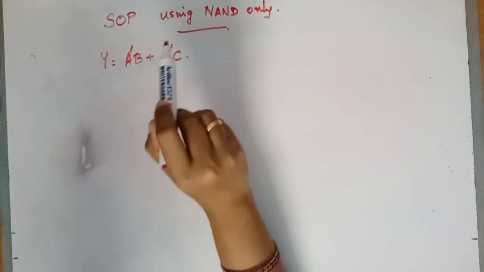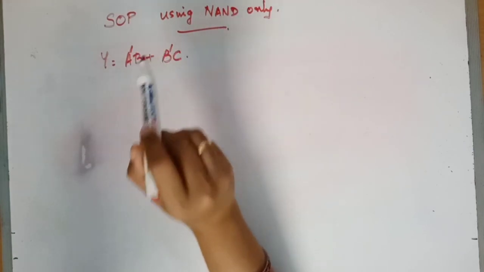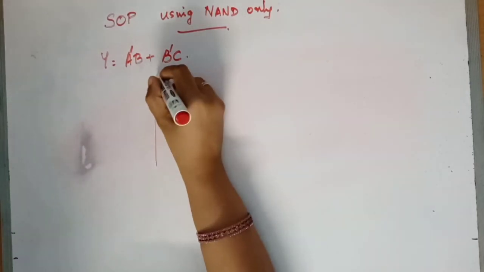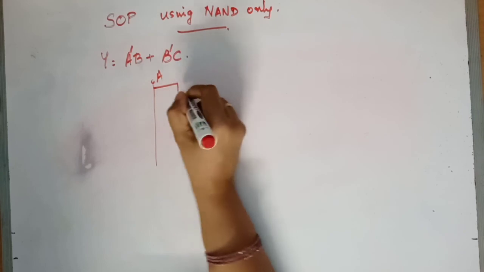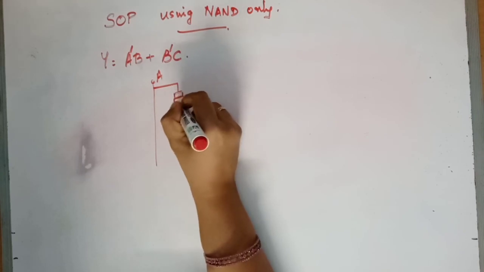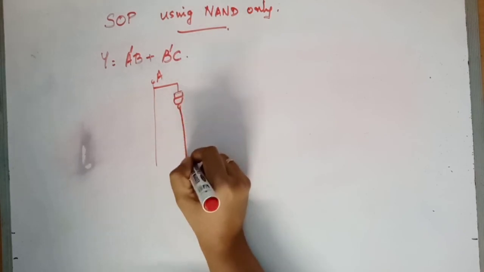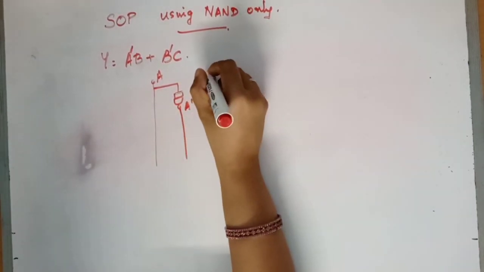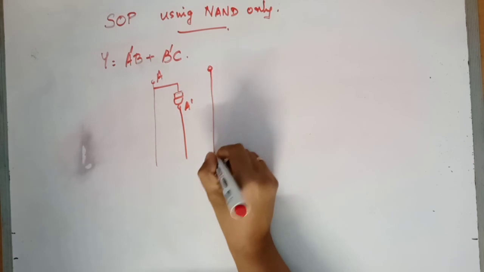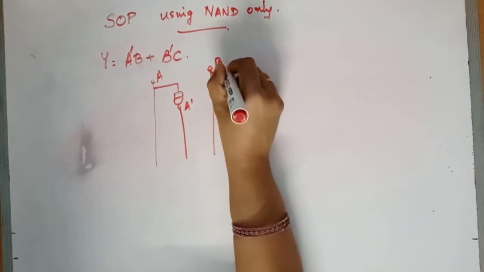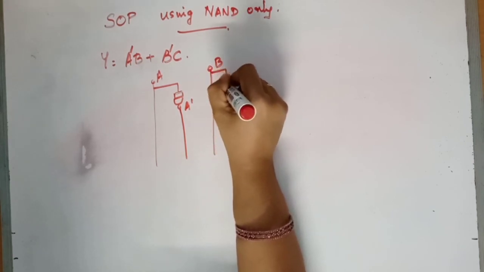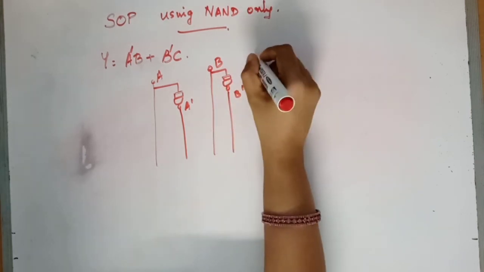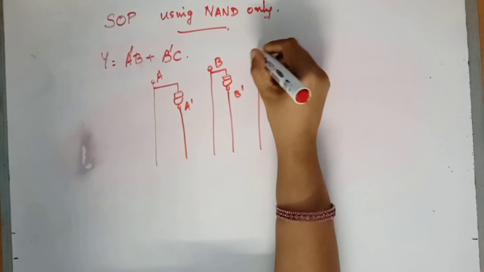So NOT should also be implemented using a NAND. Here you have A and this NAND will give you the NOT, so that is A bar. Here you have B and this NAND will give you B bar.